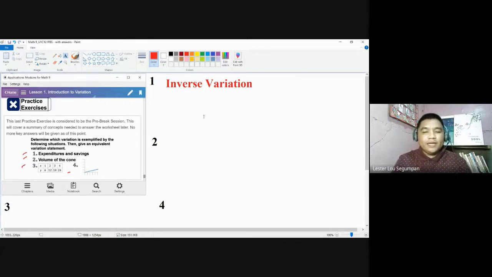But the problem here is how to come up with the proper variation statement. When you say variation statement, we're going to come up with a sentence that explains the relationship between expenditures and savings in terms of the type of variation it represents.